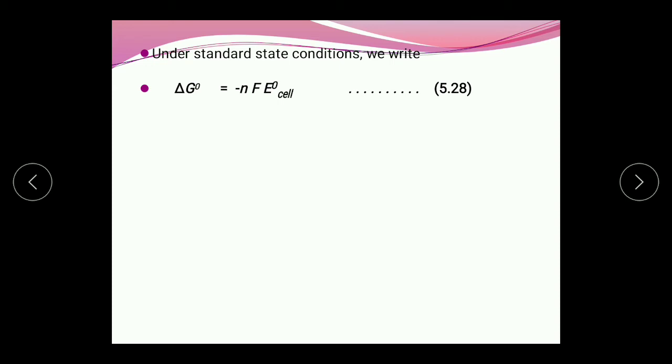And this equation explains that E0 cell is an intensive property. Do you know there are two types of properties, intensive properties and extensive properties? As this equation has both delta G0 as well as E0 cell, out of these two, E0 cell is an intensive property, but delta G0 is an extensive property.